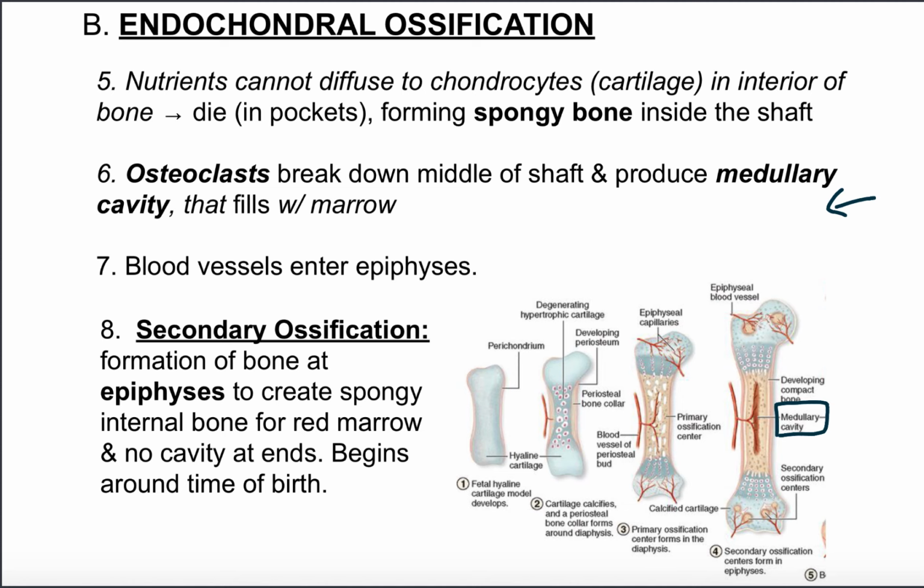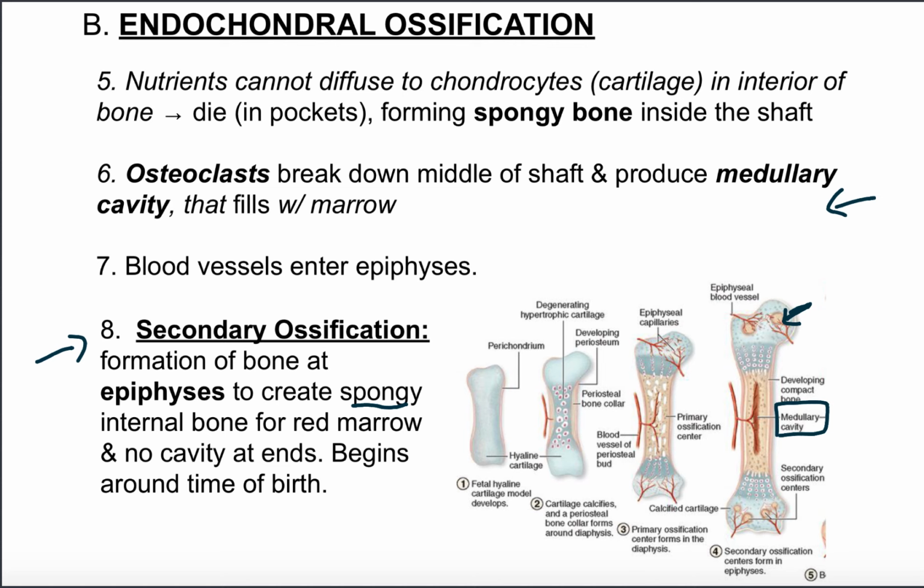We have that nice thick compact bone in the outside edge, and the inside has a medullary cavity, hollow space, for yellow marrow. Now we're going to undergo secondary ossification. So at the ends of the bones, we're going to do a similar process. We created kind of an outer hard shell, and now our inside started to pop and create holes and create that spongy bone.